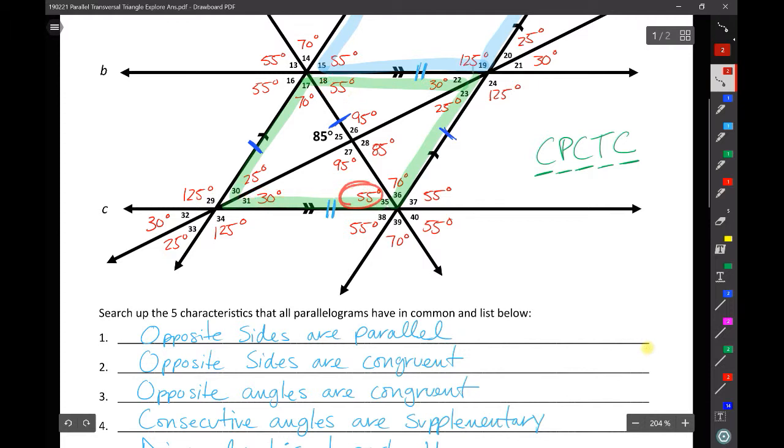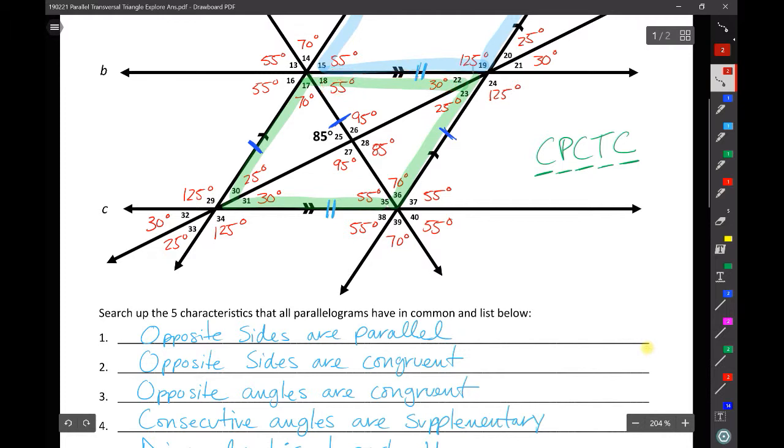Hey, that lets us say something, doesn't it? That lets us say that this triangle right here is congruent to this triangle right here based on what triangle congruence theorem? Angle, side, angle.